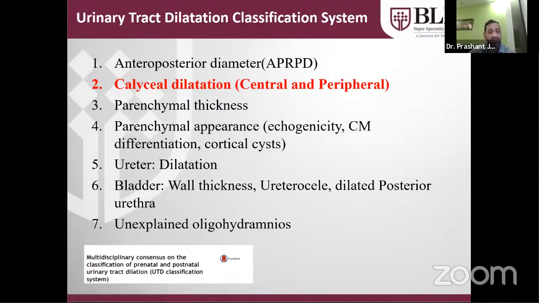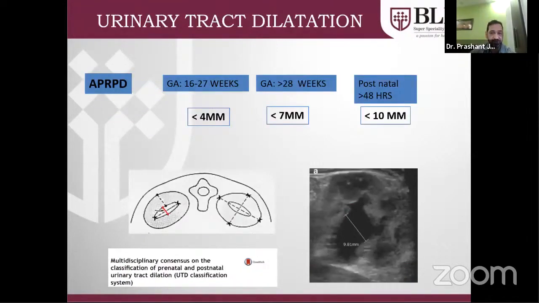So ultrasound gives you a lot of information, and these are the 7 points which we should always keep in mind and tell our sonologists to give details about all these points. So it is not just AP diameter which is important, it is also other associated findings which can help us in categorizing these patients, in grading these patients, and also in following these patients.